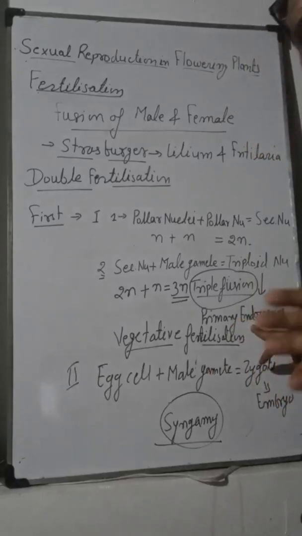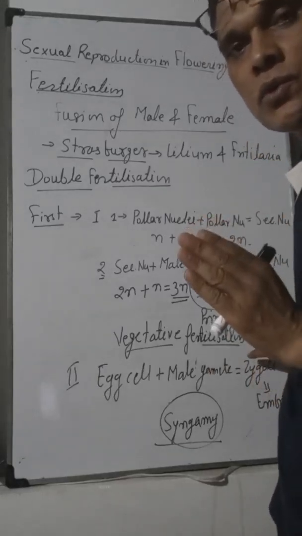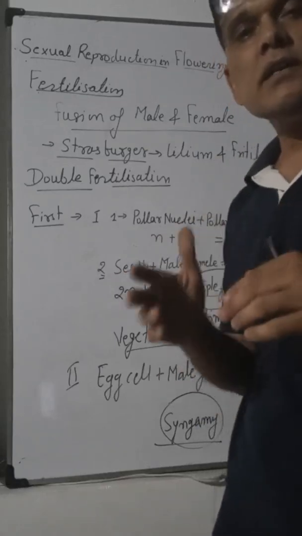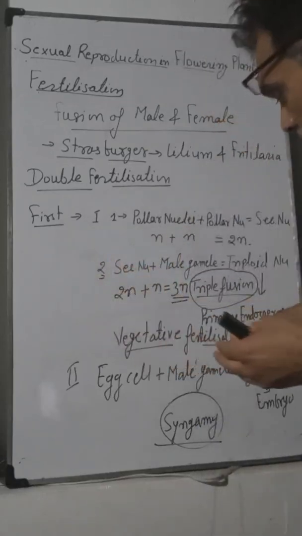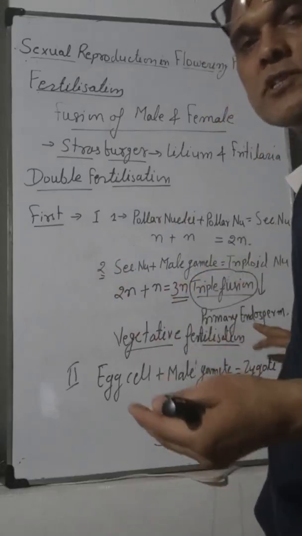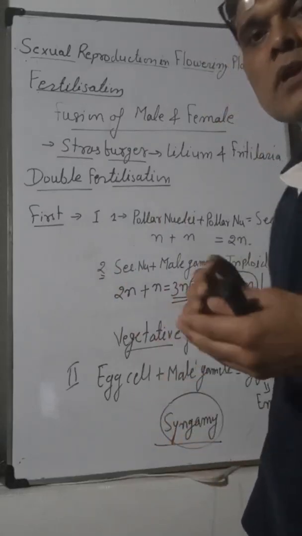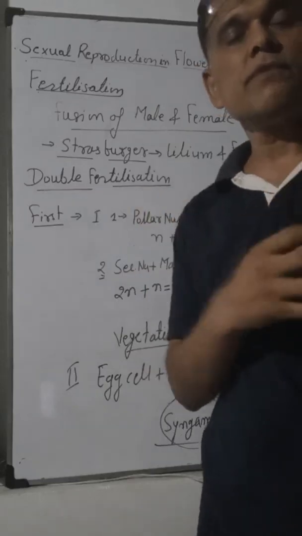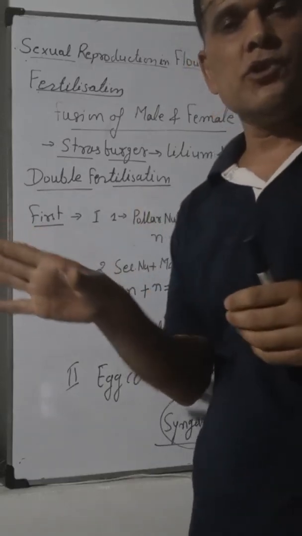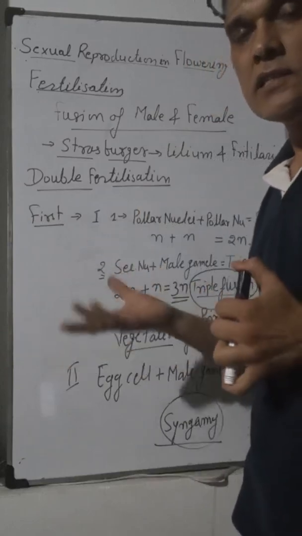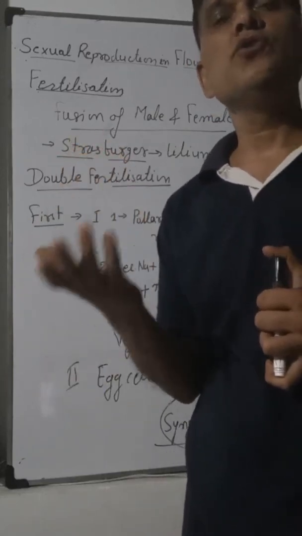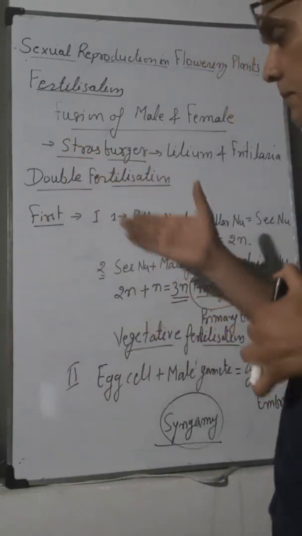So it is the nutritive tissue. In gymnosperms, it develops after the formation of embryo, so it is not utilized in the development of embryo. It is a wastage of tissue. So it is used only in angiosperms, and double fertilization is the unique feature of angiosperms.